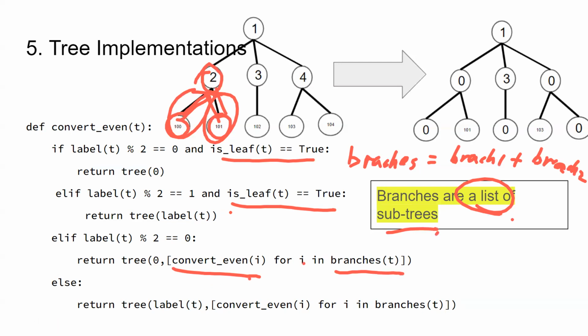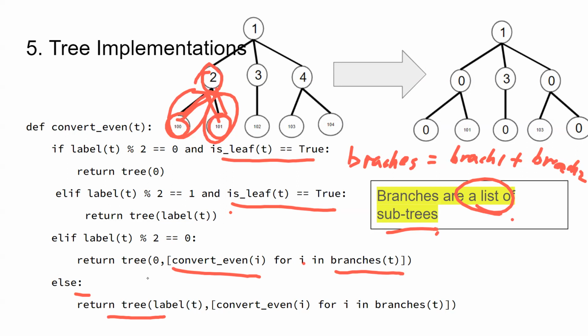So you use recursion to find out either one of these, and you use this comprehension to collect all of them together. Yeah. And for the last one, it falls into neither of the conditions: this is not a leaf, and this is also not an even number.